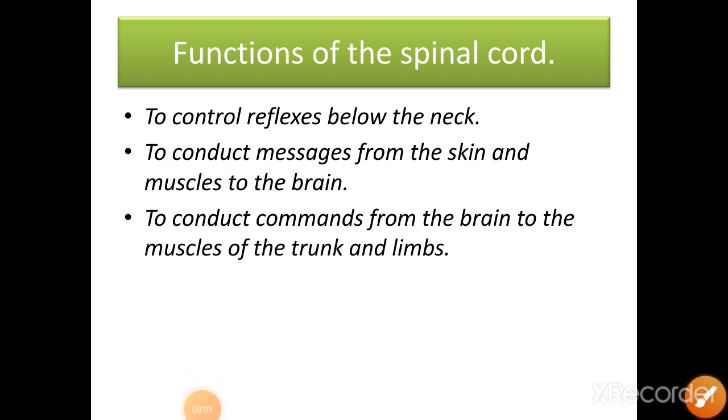The spinal nerve carries electrical signals, like current, from the brain to the muscles of the skeleton and internal organs via the spinal cord. They carry sensory information like touch, pressure, cold, warmth, pain, and other sensations from the skin, muscles, joints, and internal organs.